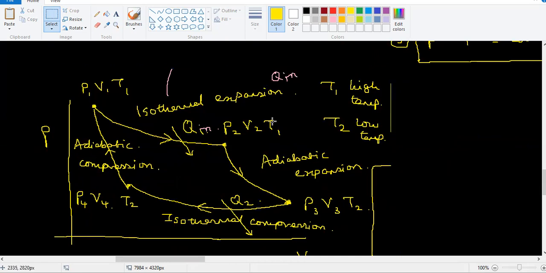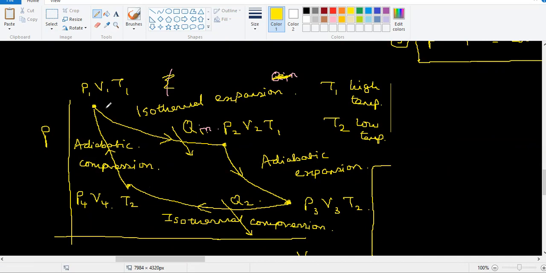Listen carefully. We are talking about adiabatic relationships between V2 and V1 and then V3 and V4.